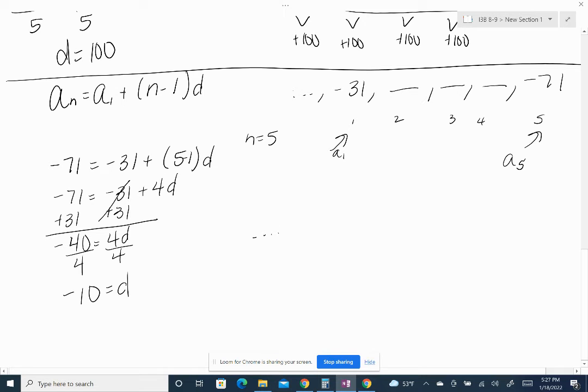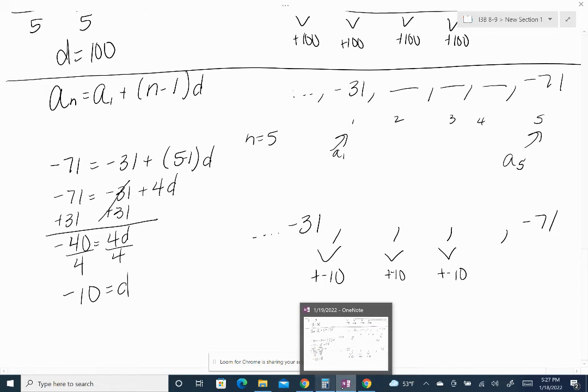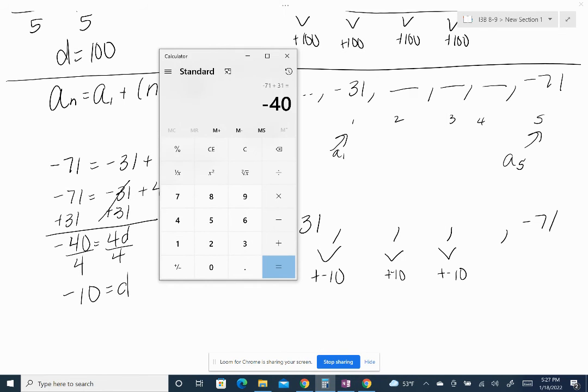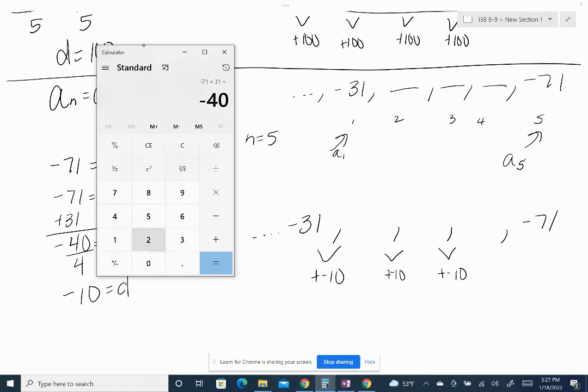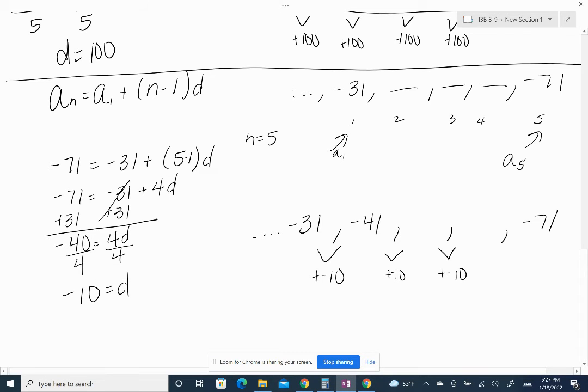So let's rewrite the numbers. Let's say I have negative 31, something, something, something, negative 71. So I'm adding negative 10, adding negative 10, adding negative 10. So negative 31 plus negative 10 gives me negative 41.